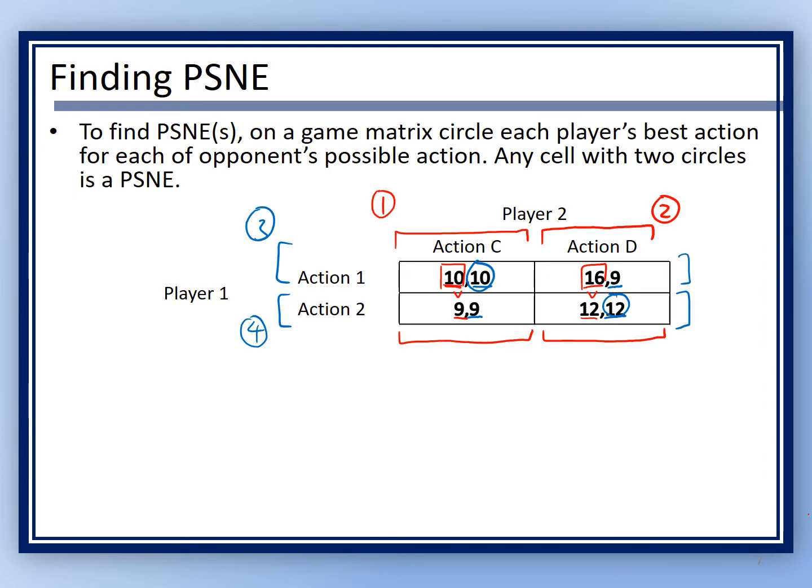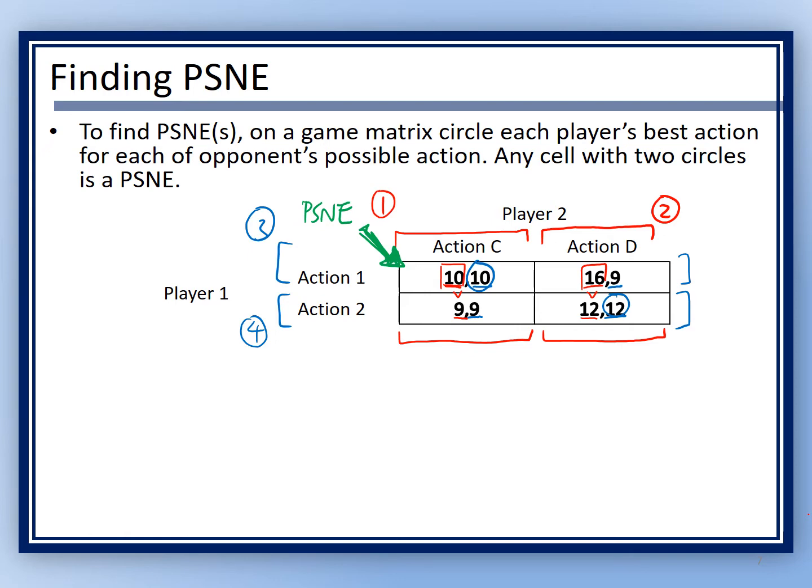The pure strategy Nash equilibrium is the cell with circles around all its numbers. And there is only one in this case. This situation is the pure strategy Nash equilibrium.